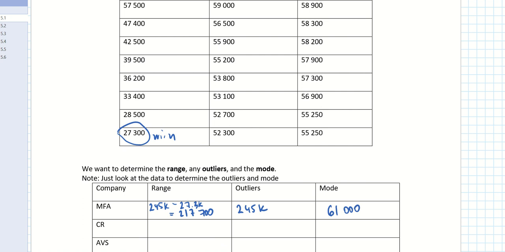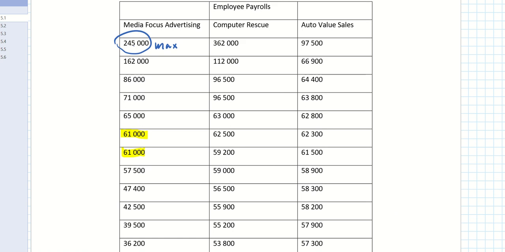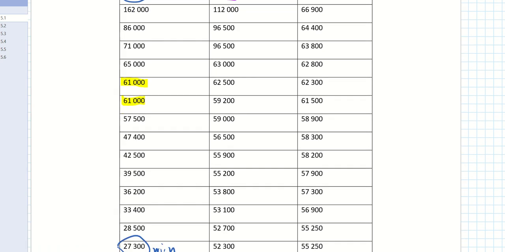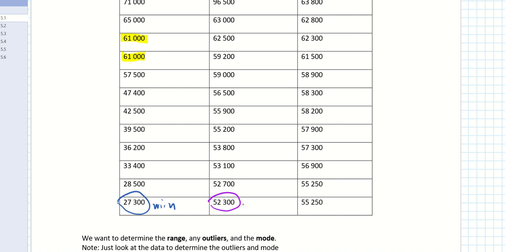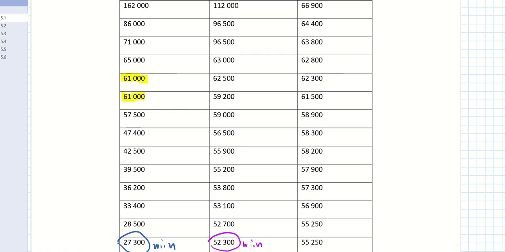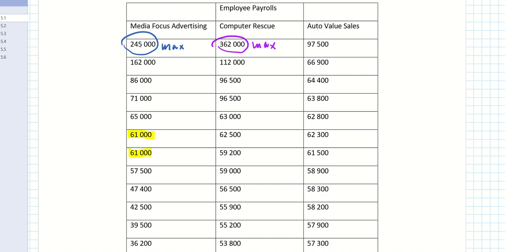Now let's do the middle one. This is CR, or computer rescue. Again, at the top we have our maximum value, and at the bottom we have our minimum value. To find our range, it's the maximum minus the minimum. So 362,000 minus 52,300.